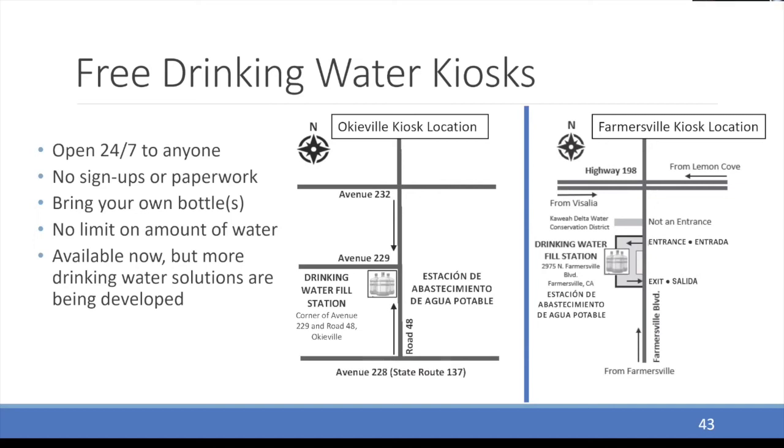Yeah, this is Donald. Just to add to that, Blanca, that's a great question. If a community has high nitrate water, and the quickest and easiest way to get a large volume of water available would be a kiosk that does have reverse osmosis, then that could also be a possibility in order to get it done quickly.